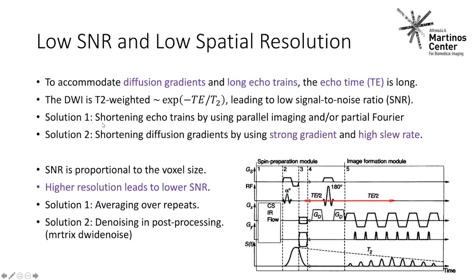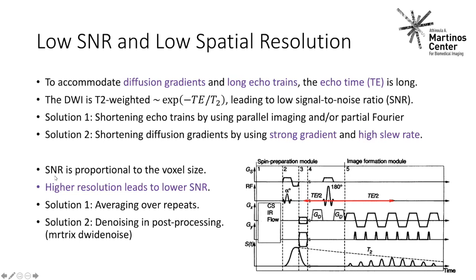So the first solution is to shorten echo trains by using parallel imaging or partial Fourier or other fast imaging techniques. And the second solution is to shorten the diffusion gradients by using strong gradients and high slew rate. So this is why we work on the Human Connectome Project with a very strong diffusion gradient system.